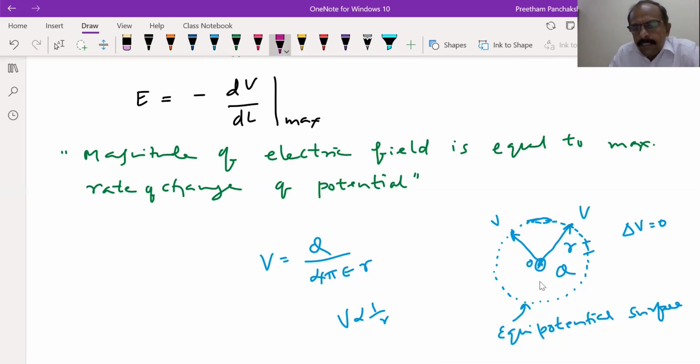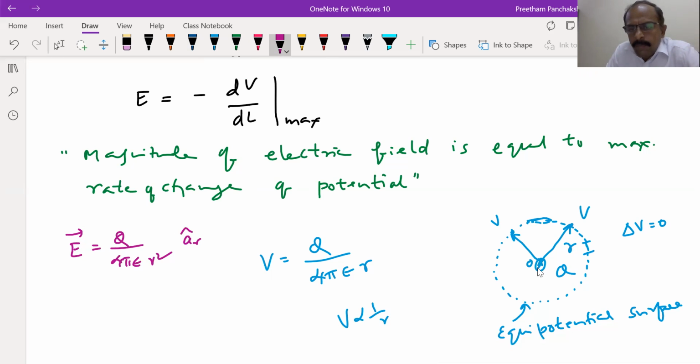Now let us consider electric field of this point charge. Electric field of this point charge is given by E equal to Q by 4 pi epsilon R square. E is a vector. So the direction is a cap R for a point charge.